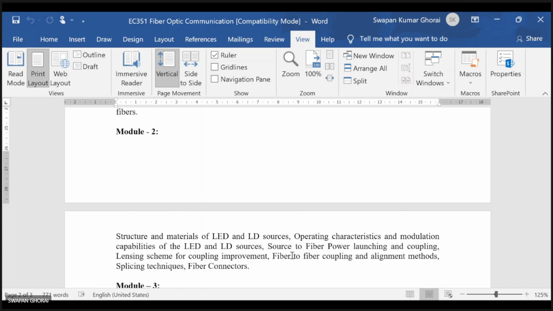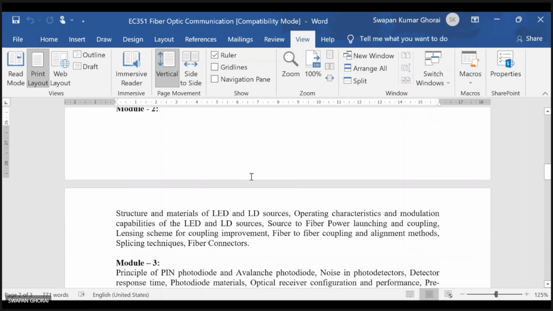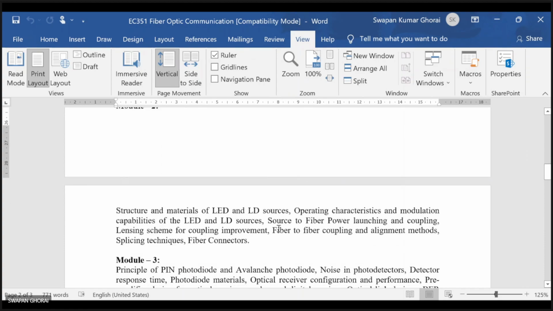In the first module, different fiber parameters are there. The most important fiber parameter, apart from fiber attenuation and fiber bandwidth, is numerical aperture. So in the laboratory we will also perform this numerical aperture experiment. Those things are there when you launch power into the fiber, right?